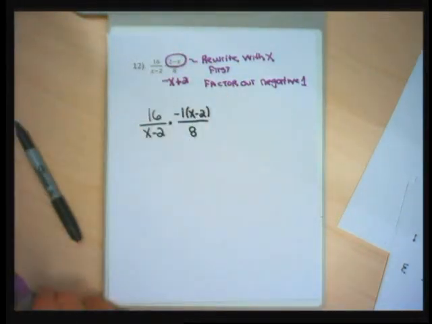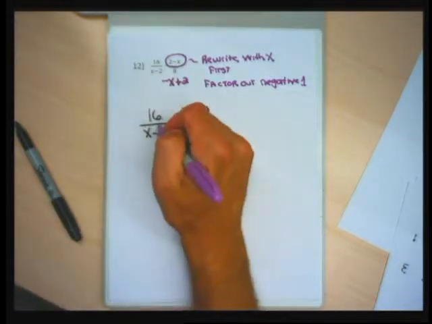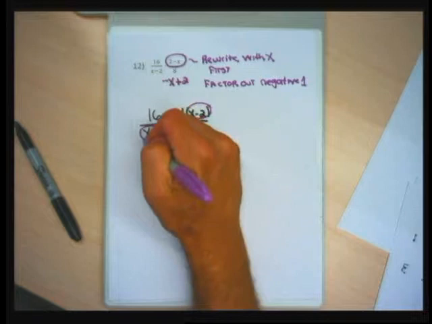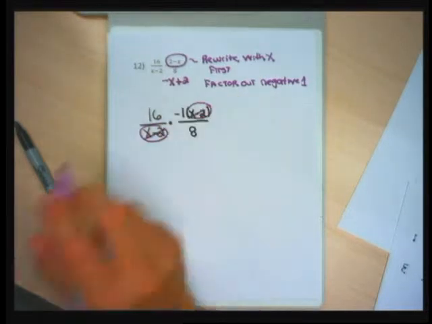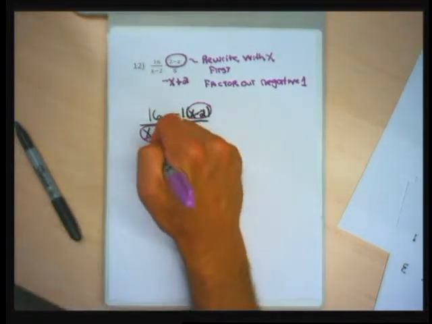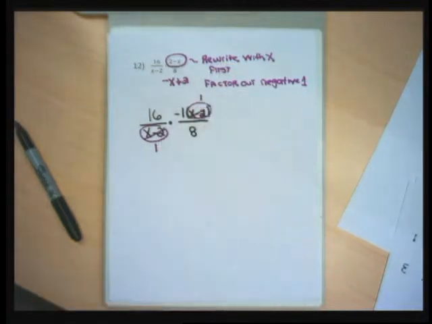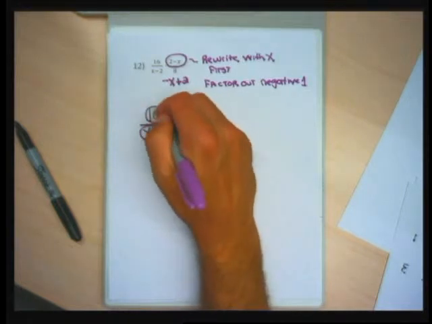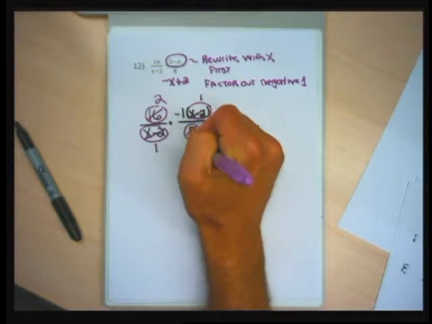Now I'm ready to cancel then multiply. So this x minus 2 will cancel with that x minus 2. I'm going to cancel and cancel. Technically, these turn to 1s when I cancel them, but usually I don't take the time to write that. I'm also going to cancel the 8 and the 16. 16 divided by 8 is 2. 8 divided by 8 is 1.